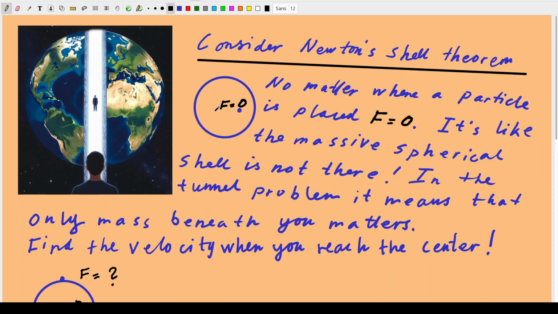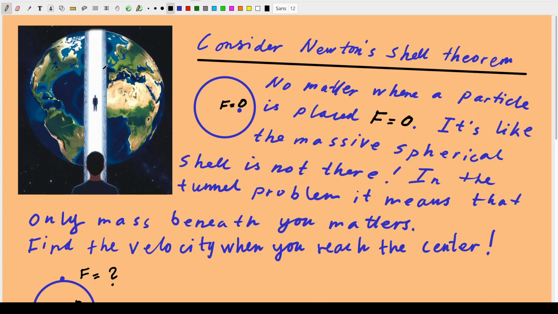So if we look at this solid Earth problem, it means that if you're here, you can think about shells above you, several shells, and none of them is giving any force that you can feel, at least as a particle.